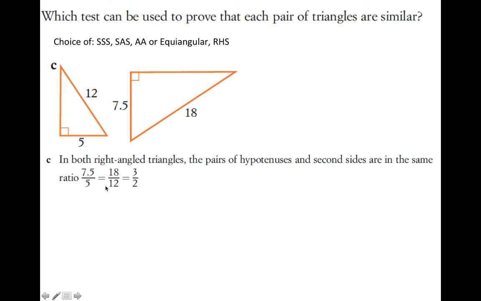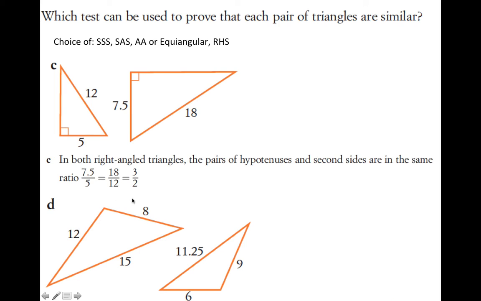We just punch these numbers into our calculator, and they both reduce down to 3 over 2. 18 over 12 does reduce down to 3 over 2, or 1.5. And that's again something that you can visually see. However, you would actually have to state it. So therefore, these two triangles are both right angle triangles. The pairs of hypotenuse and the second sides are the same ratio given that. So therefore, they are similar given the RHS.